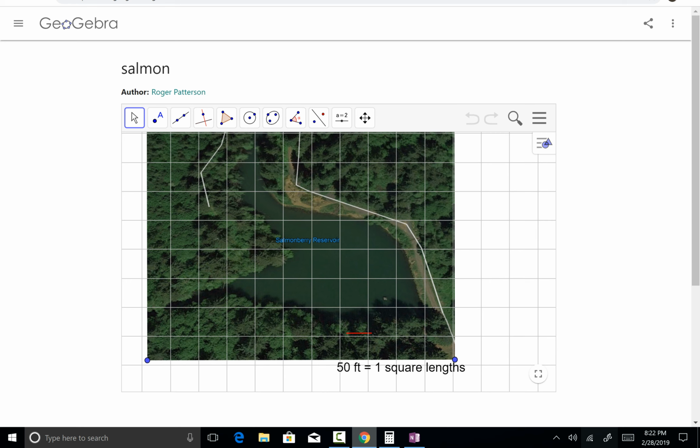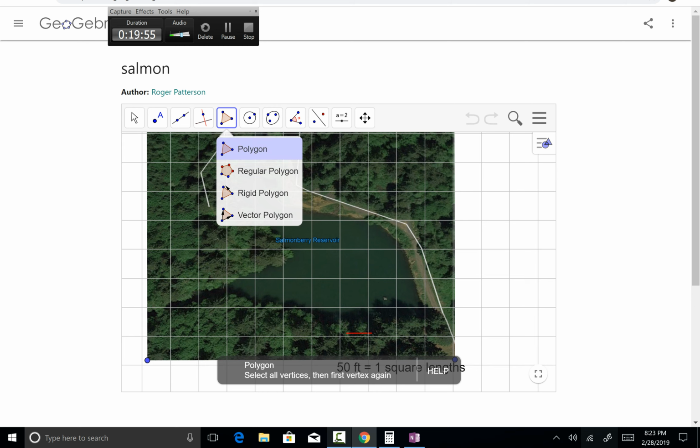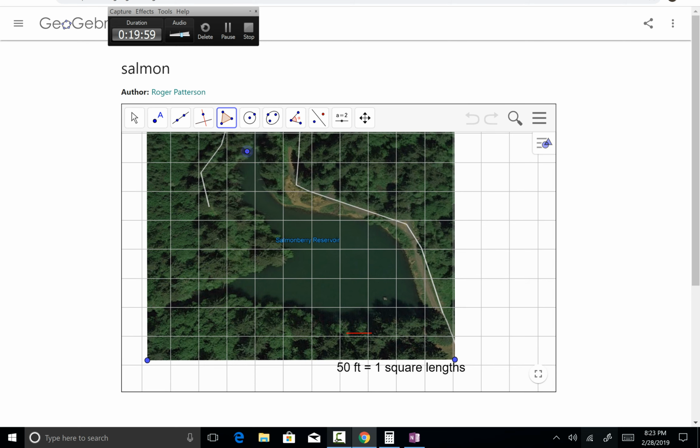Let me make sure I'm recording here. Yes, we are. You're going to use what is called the polygon tool. You come up here and you're going to make a polygon. We're going to outline the pond or the reservoir by clicking along the reservoir, and I'm going to click my way back as close as you can.